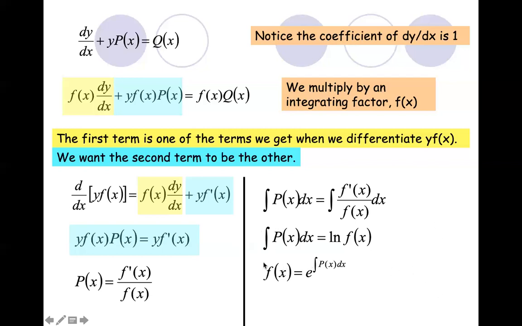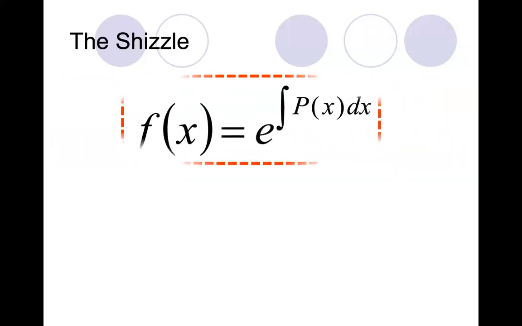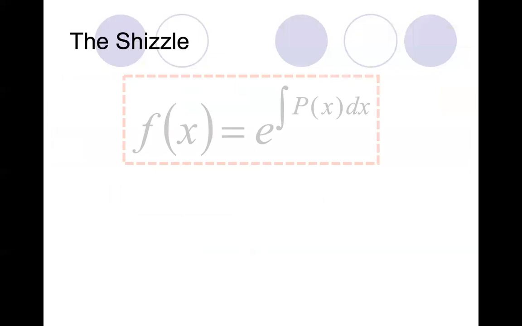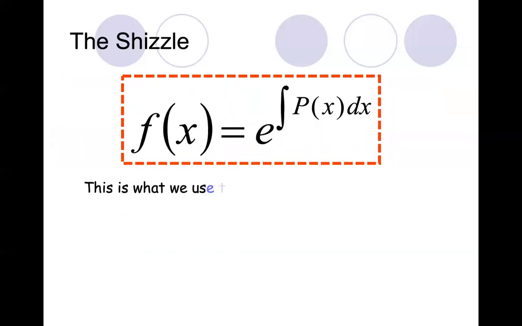We are finding the simplest integrating factor, and this would be the simplest one. So this is the formula that you use to find integrating factors. Just that: f of x is e raised to the power integral of p of x dx.